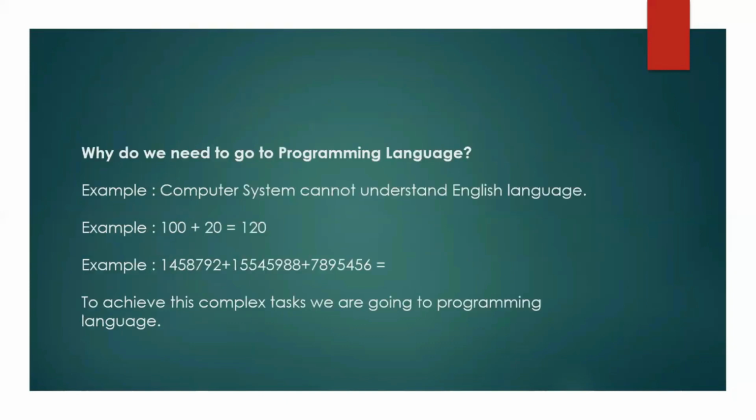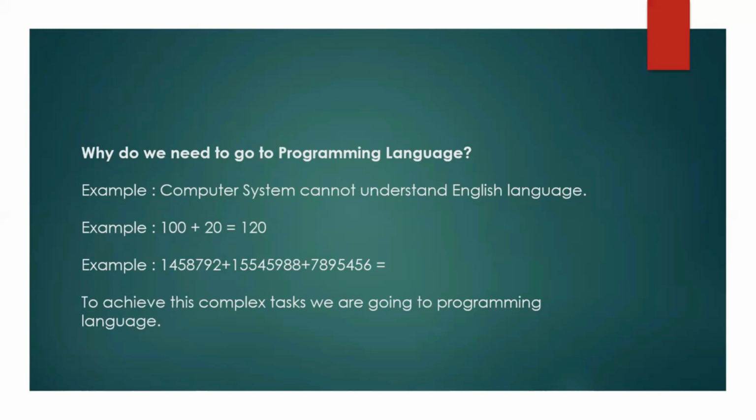Why do we need to go to a programming language? People ask, we have the English language, so why do we need computer programming languages? Let us see a few examples. Example one, a computer system cannot understand the English language.